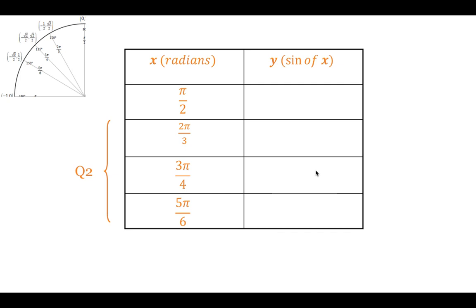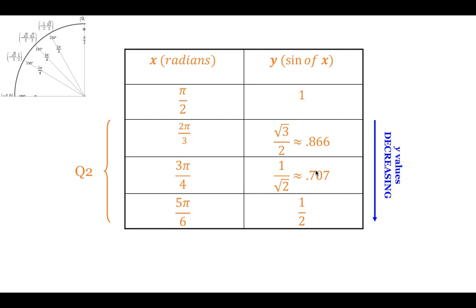What's that boundary angle? The sine is going to be 1, right? So it was increasing. We got to 1, and then what's going to happen? At 2 pi over 3, it becomes root 3 over 2. At 3 pi over 4, it's 1 over root 2 or root 2 over 2. So I've got some repeating values now. At 5 pi over 6, I've got 1/2. Oh, so in quadrant 1, it was increasing. In quadrant 2, my y values are decreasing.